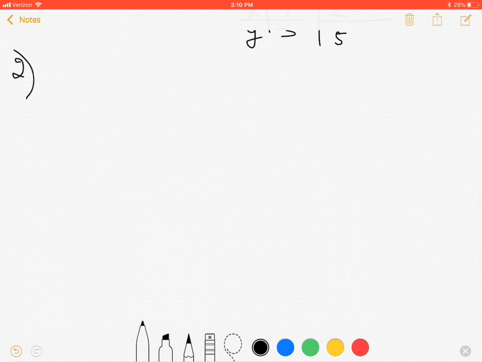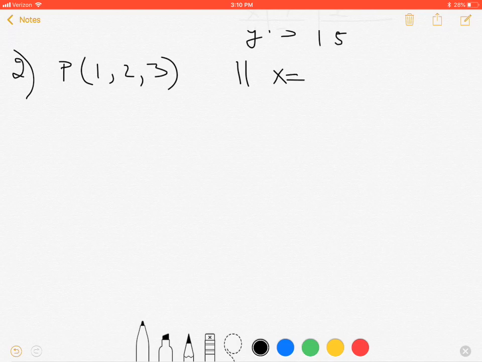Given point, for example, (1, 2, 3), and parallel to the line x equal to 2y equal negative z. But the question asks me to write the equation of the line in parametric form. This means I need to use some parameter t and I need 3 equations.